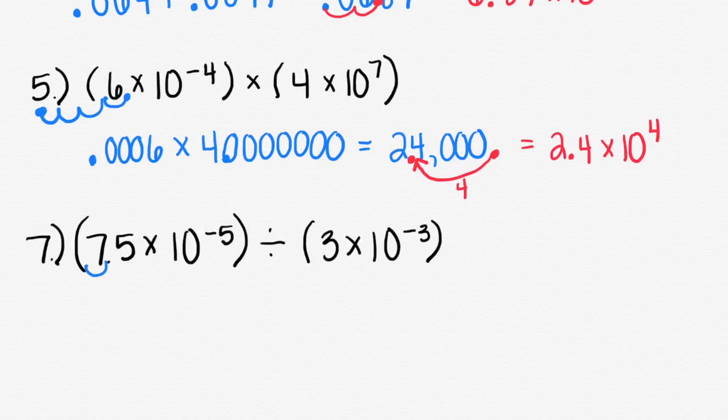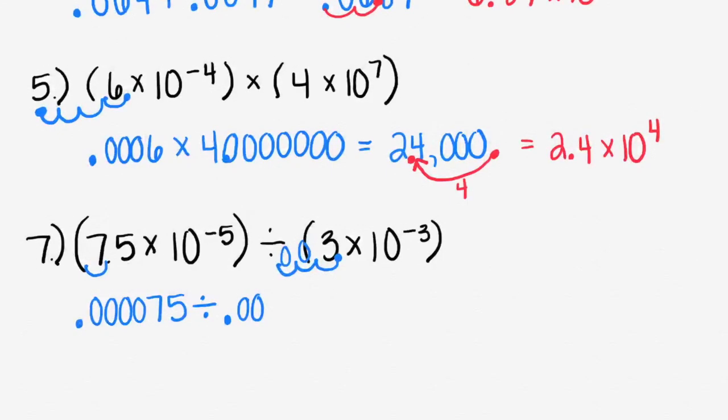Move it over 1 time, and then we're going to have to move it over 4 more times, which means we have 4 zeros in front of that 7. 1, 2, 3, 4, 7, 5. Divided by, we're going to move around the 3, 1, 2, 3, which means we have 2 zeros in front of the 3.